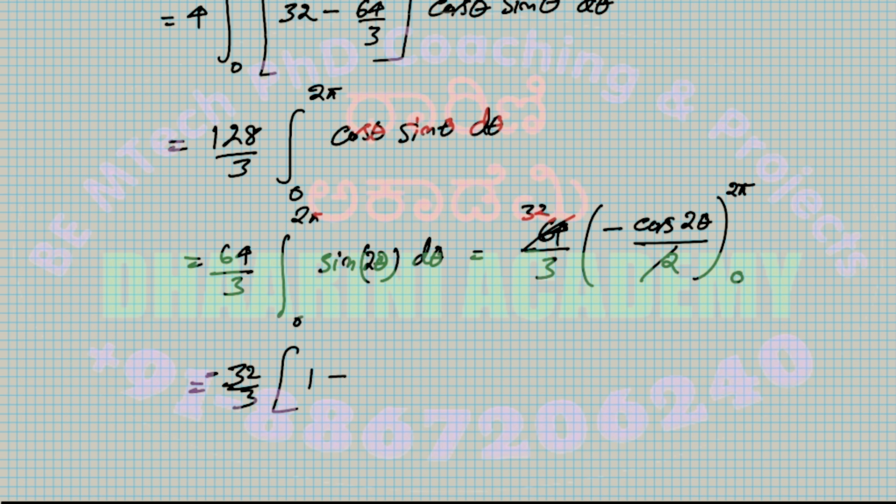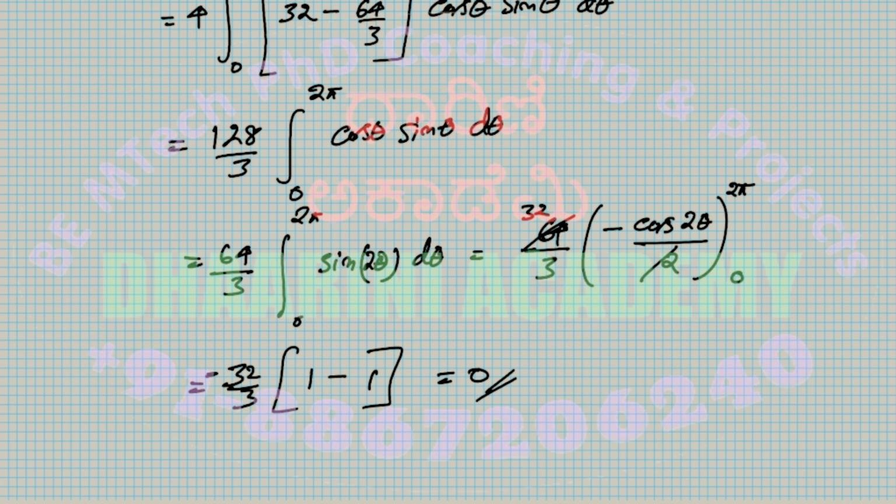Minus cos 0, 1. Correct? So it's an odd function. So the sine function integrated over a complete period is 0. Right? That's the answer. Okay, so anyway, we just started with the conversion of any given function into the other.